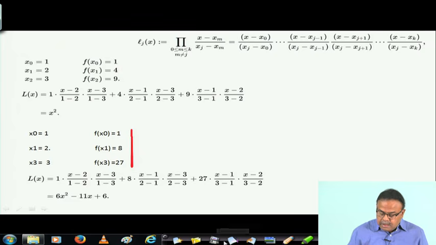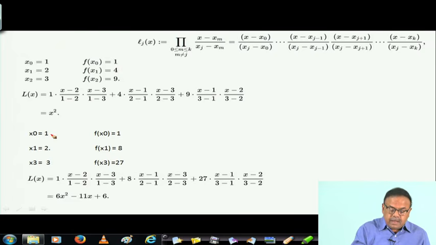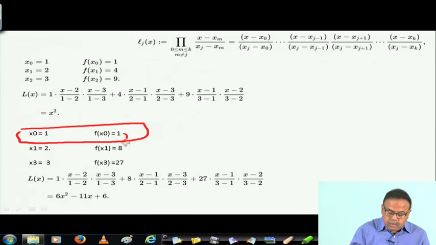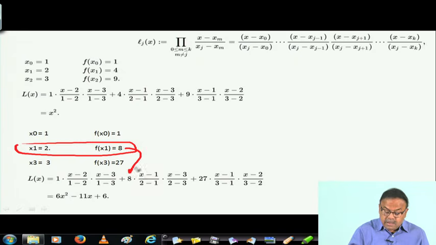Using the Lagrange method, I will first check 1. So, I am taking the first row, taking this value 1 here, then x minus 2 over 1 minus 2, all right, times x minus 3 over 1 minus 3, plus next I take the second row, 8 times x minus 1 divided by 2 minus 1, because here the value is 2.